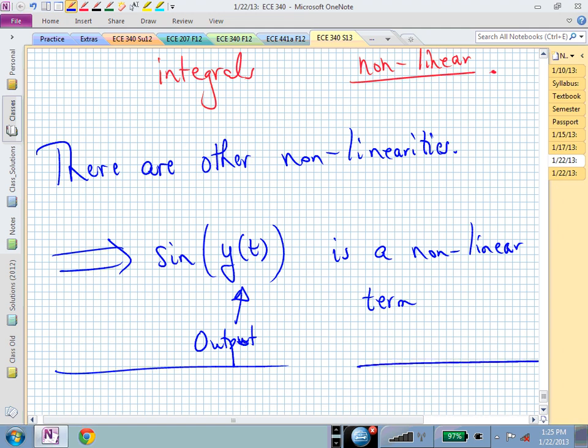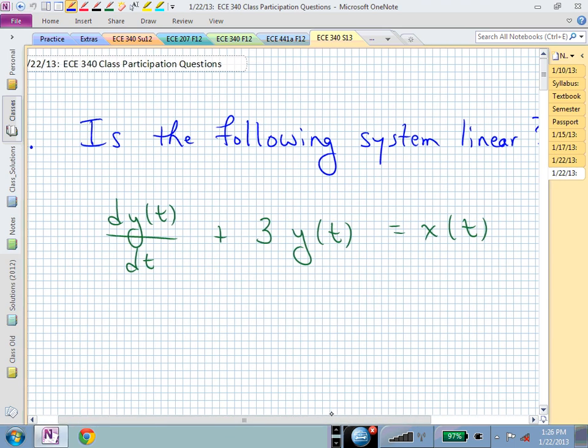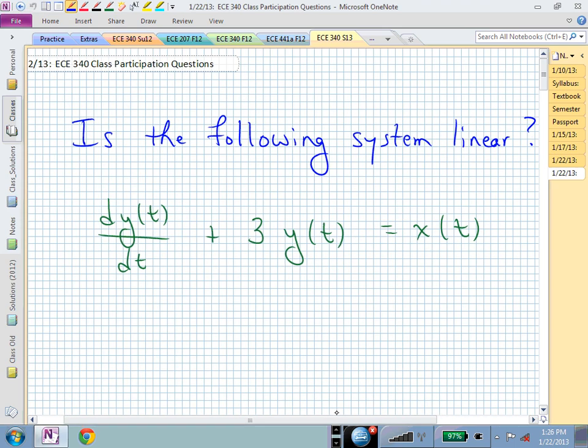All right, now let's see if the rubber hits the road, if we can make sense of this. Class participation. Whoa, that's too big for this screen. Well, we'll widen a little bit. Question and answer period. Is this system linear?